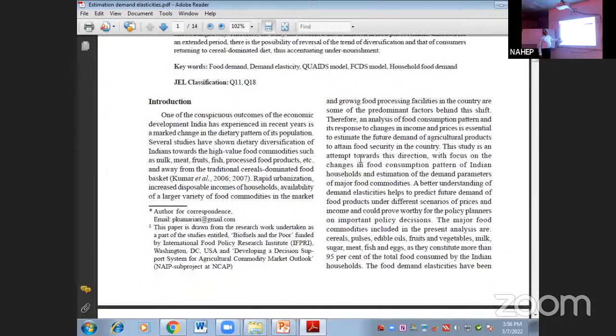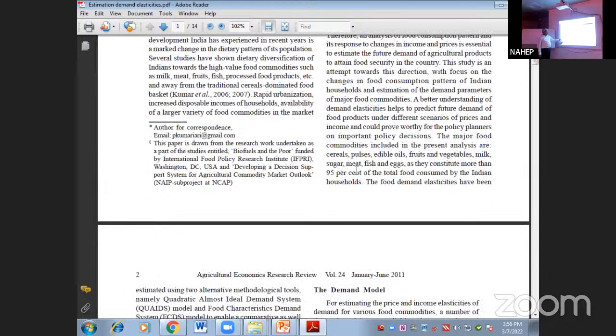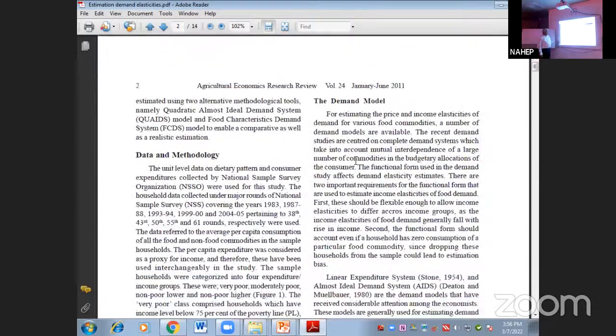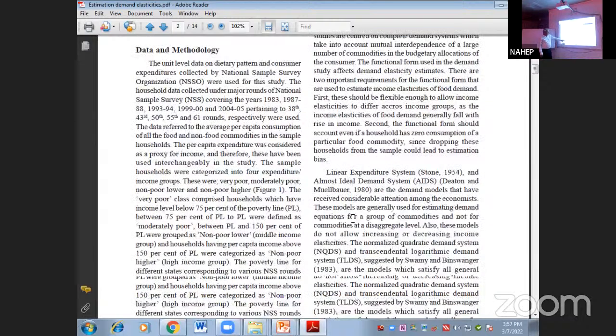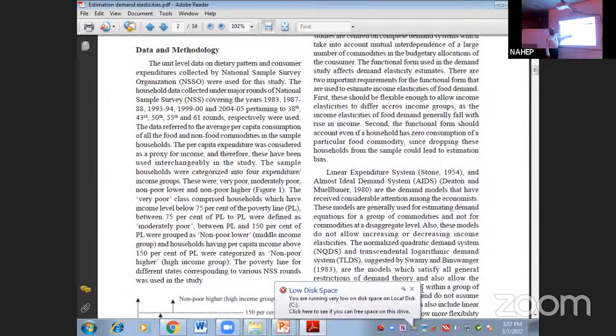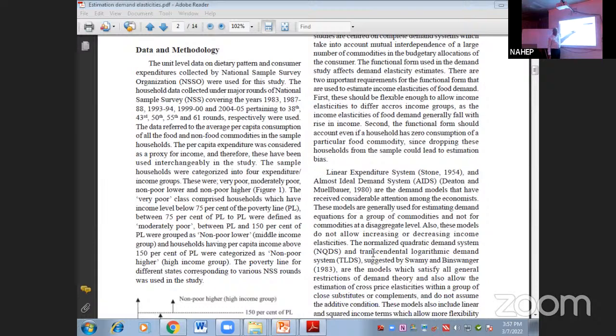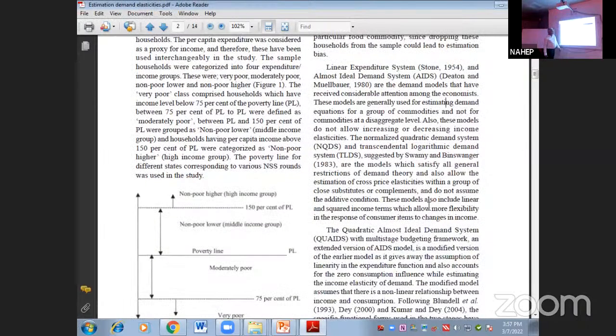So here also, if we read, it will give a better idea, and we compare these two elasticities because we already rejected all the other models based on calorie income elasticities, and therefore these two models are used for estimating. You just read the review. Limitations of each model we try to explain very briefly. That will give you a better idea.